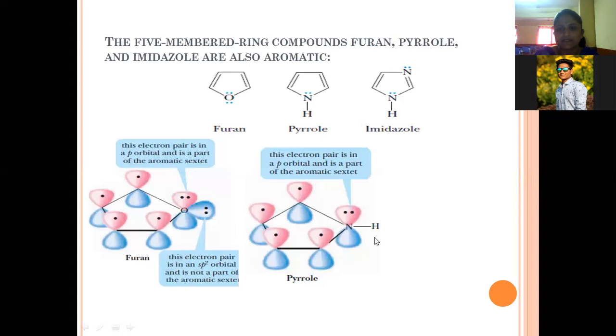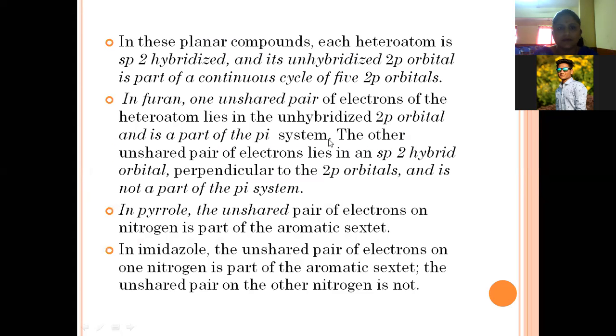That means out of these 2 nitrogen atoms, the lone pair of one nitrogen atom will be involved in the conjugated system of that ring. The lone pair of electrons on the other nitrogen atom will not be involved in the aromatic state. So this is all about aromaticity of benzene and benzenoid compounds.